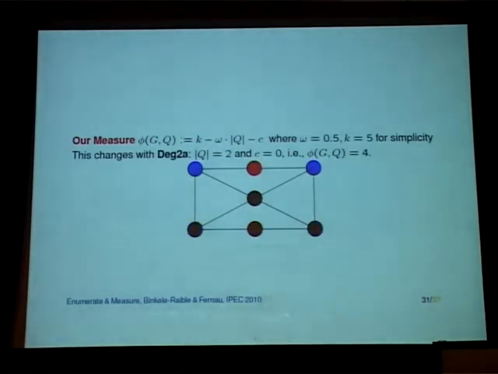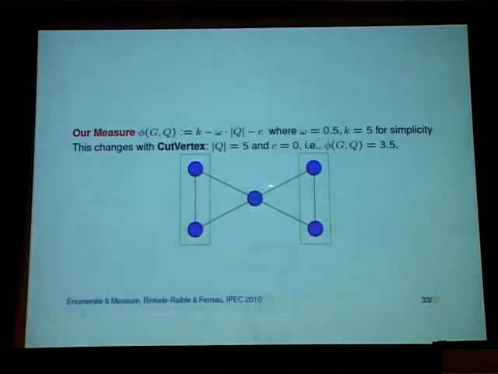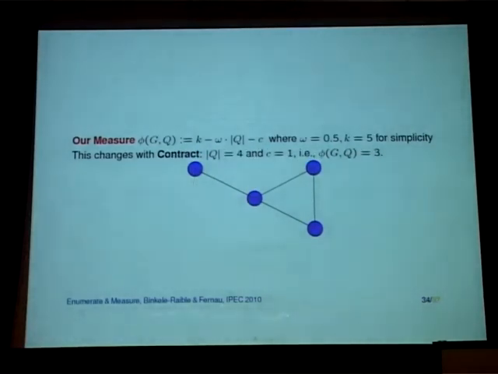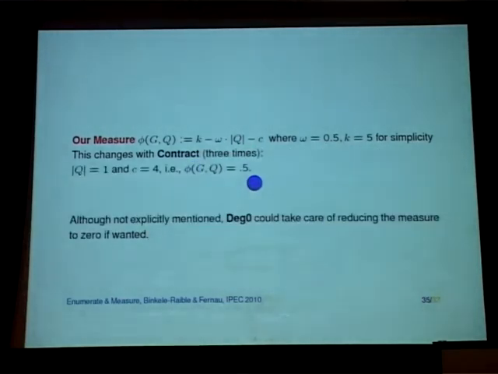Then we had this cut vertex rule, and actually this gives you another situation where the measure drops a little bit because Q grows, and now we have the contract rule application, so Q is decreasing, but C is increasing now, so the measure drops again. And finally, we end up with this measure, and we might change this degrees to 0 rule so that finally the measure drops to 0 and the graph is empty.